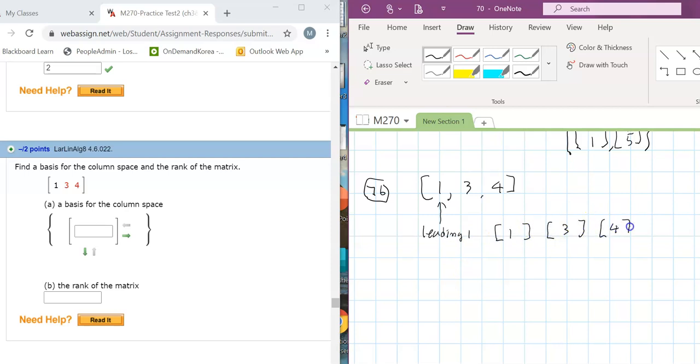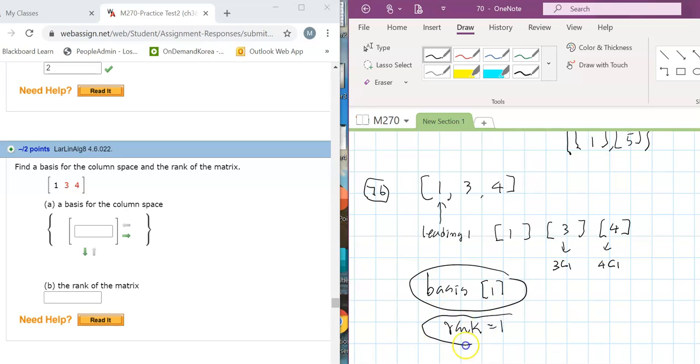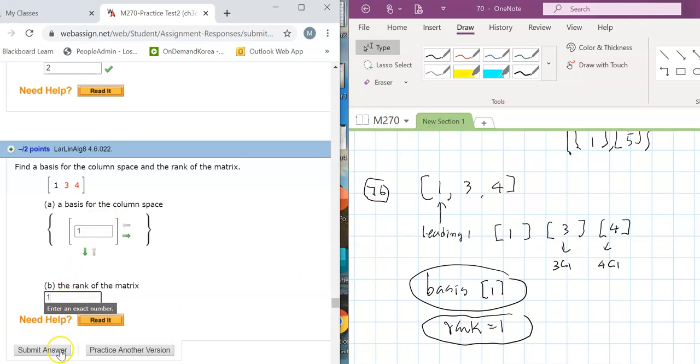This column is 3C1. This is 4C1. So what is the basis? Basis for the column space is simply 1. Rank is 1. So this is, just type it. Basis is 1. Rank will be 1.